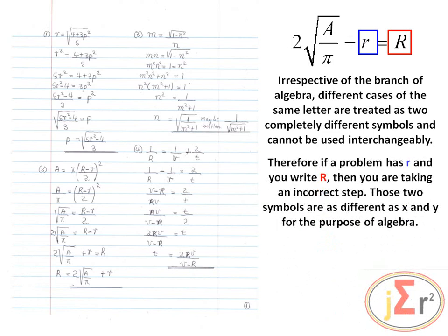Therefore, if a problem has the lowercase r and we write the uppercase R, then we are taking an incorrect step. Those two symbols are as different as x and y for the purpose of algebra.